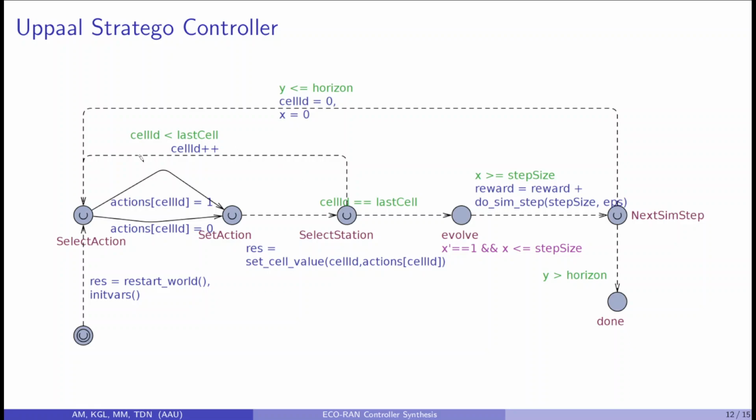So it's going to set on and off the number of cells that it is controlling. Then it's going to evolve the system and compute a reward, and it's going to do this for a short horizon. When it finishes, after doing a number of simulations and some machine learning techniques, it's going to return the near optimal actions to take.